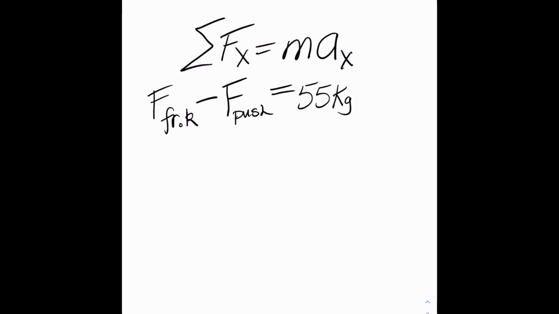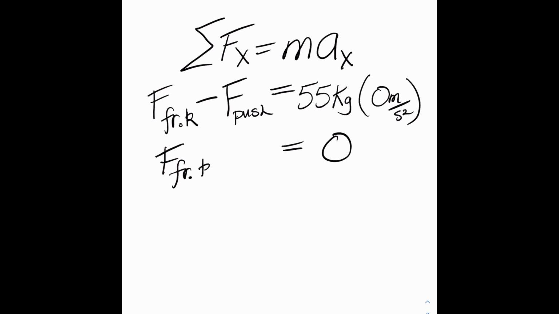Now, what is the acceleration in the x direction? They told us that it's moving at a constant speed, not speeding up or slowing down as it's being pushed to the left. So if that's the case, it's moving left at a constant speed. It is not accelerating. 55 times 0 is just 0. And we can see that force friction kinetic is equal to force push.